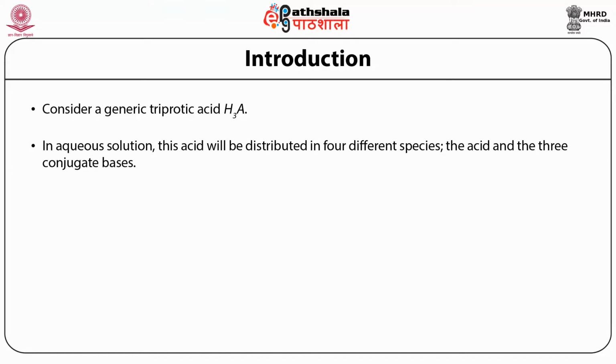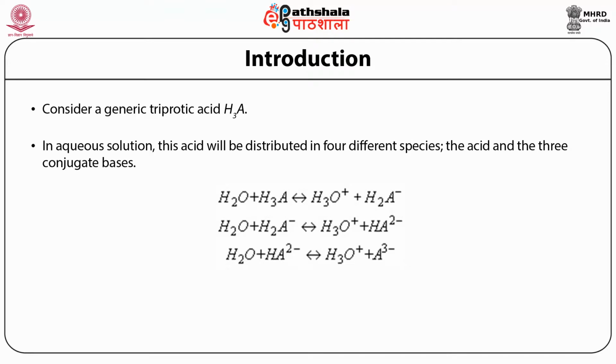You can see here in this example H2O when present with the generic triprotic acid H3A forms H3O plus and H2A minus, the conjugate base anion. Then again H2O plus H2A minus forms H3O plus and HA2 minus, a conjugate base again, and H2O plus HA2 minus forms H3O plus and A3 minus anion.